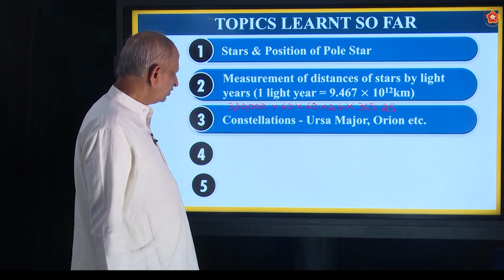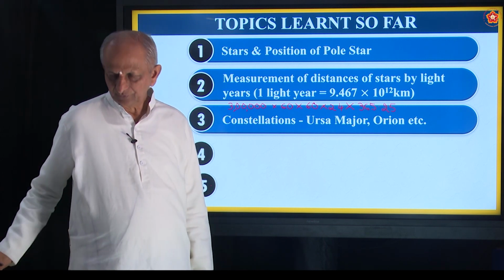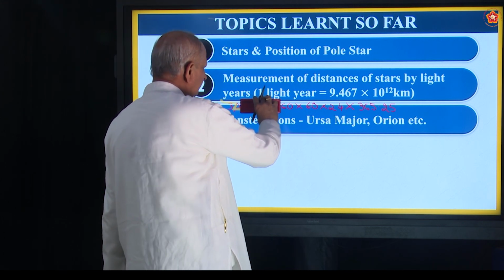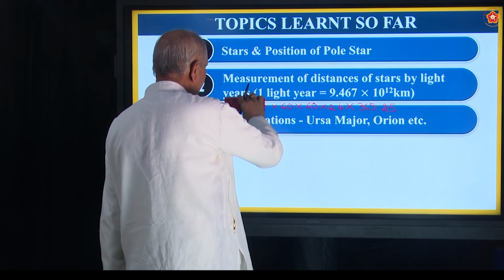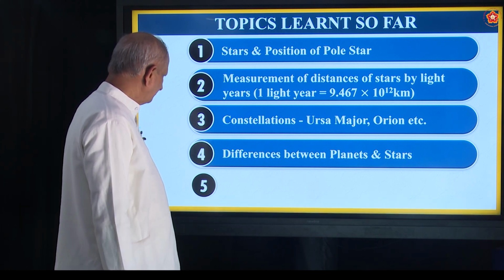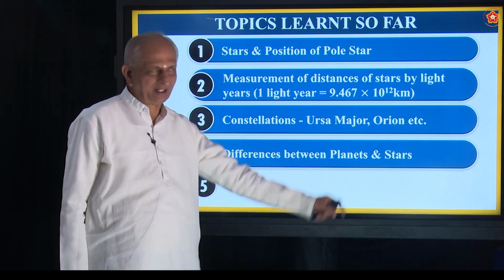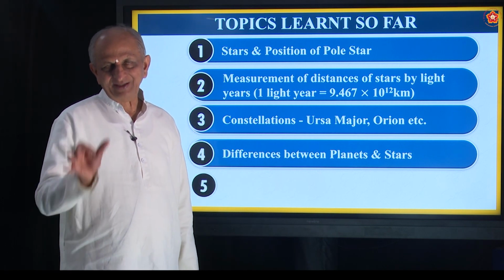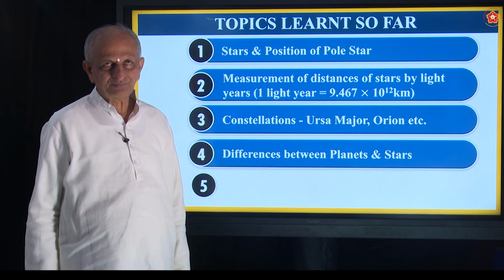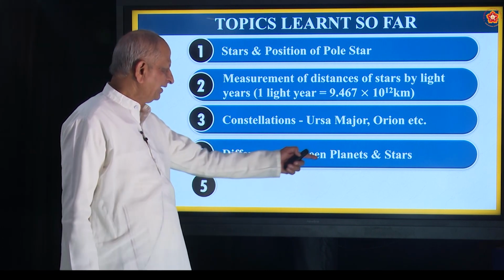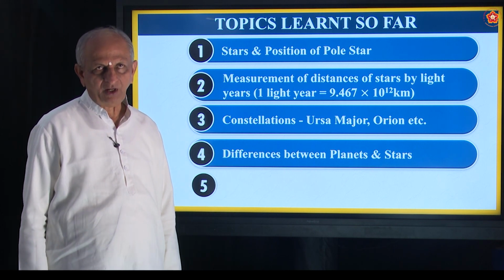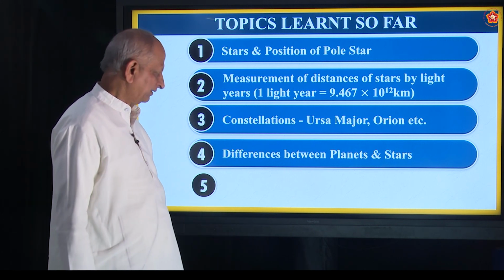Also we have seen about constellations. What is constellation? Constellation is group of stars. And also we have studied the difference between planets and stars. Planets are very few in number. Stars are huge in number. And planets are very near to the sun or any star for that matter.